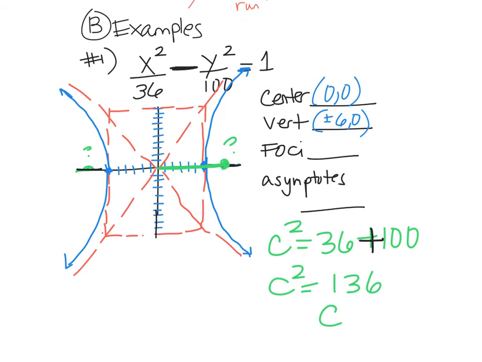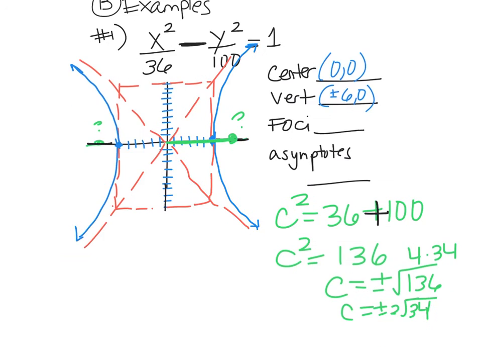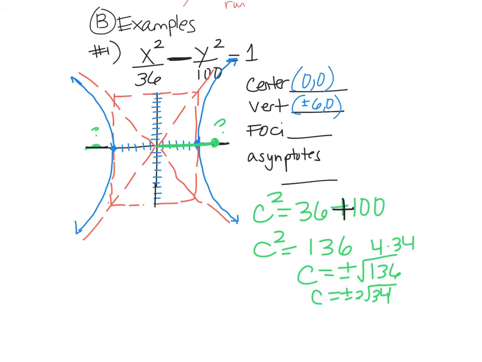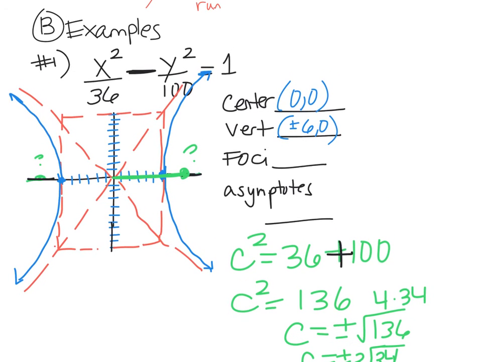All right, so we get c squared equals 136. So c is plus or minus rad 136. Now, I do need you to rationalize that. Pause this. All right, so 136, then that would be 4 times 34. C equals plus or minus 2 rad 34. Okay, now make sure that when you go up here to your foci, you list this as a point. 2 points, actually.